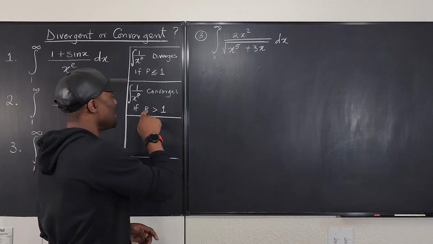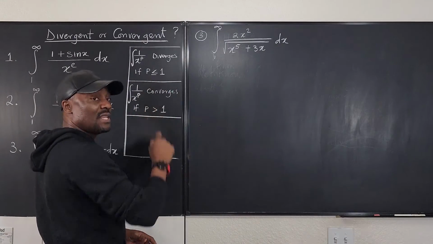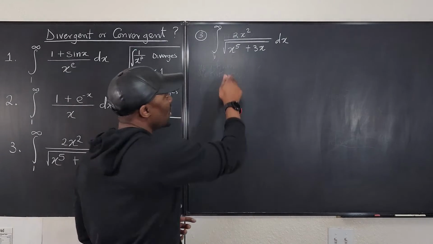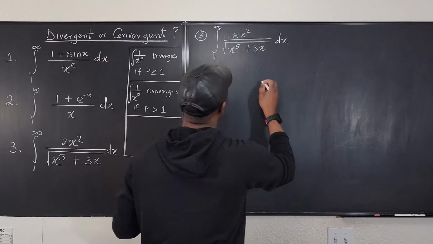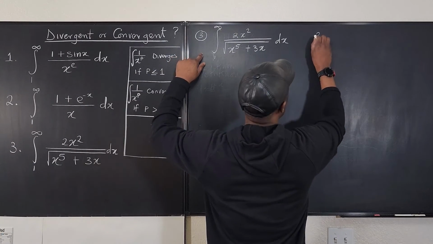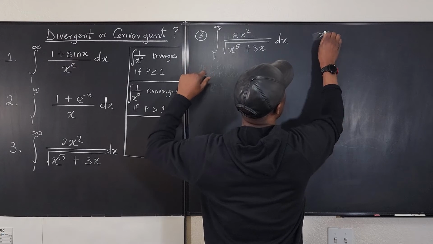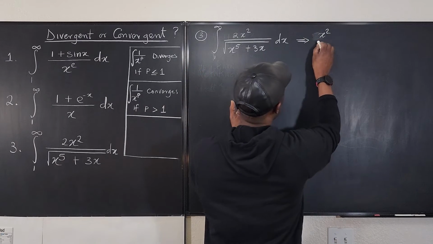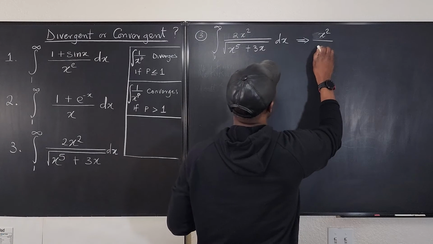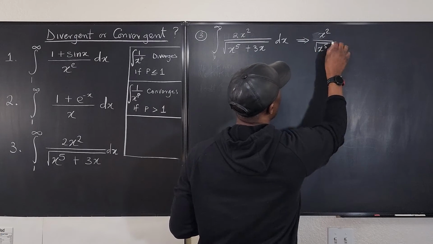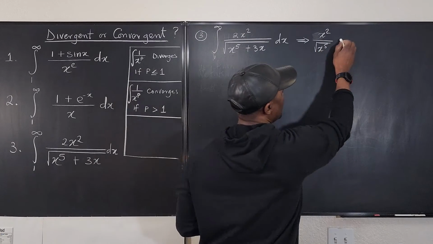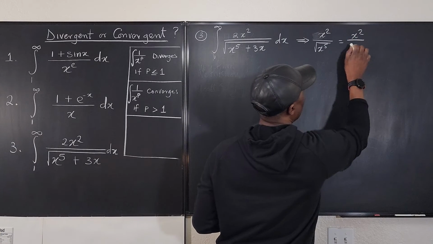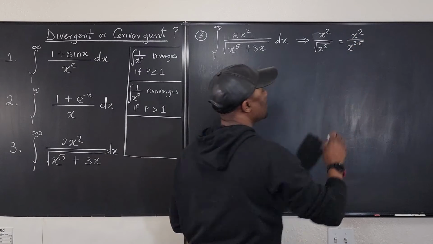Just do it that way because that's all you need. You just want to establish whether p is greater than 1 or p is less than or equal to 1. That's all you need to do. So we can say x squared over the square root of x to the fifth, which is the same thing as x squared over x to the 2.5.